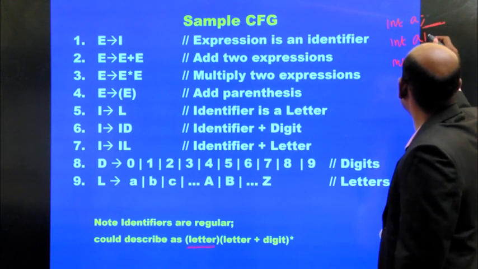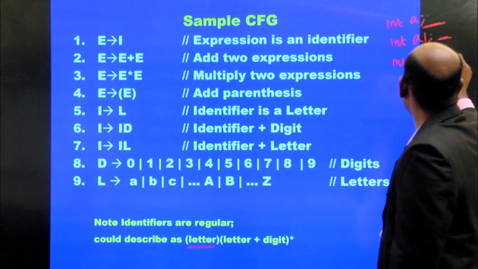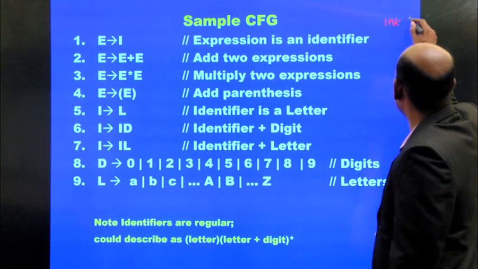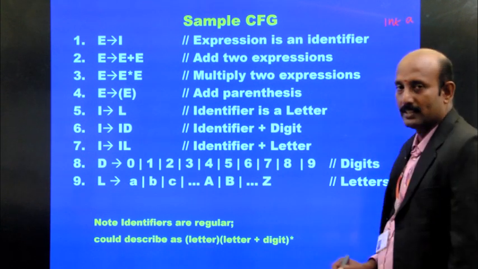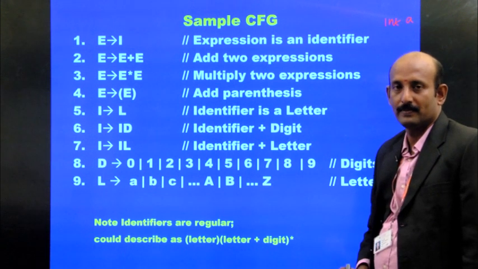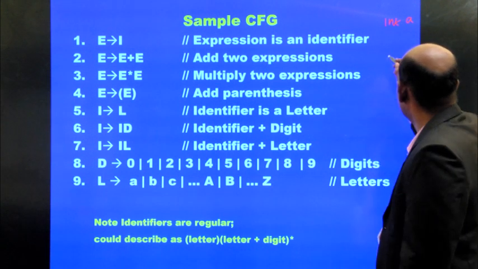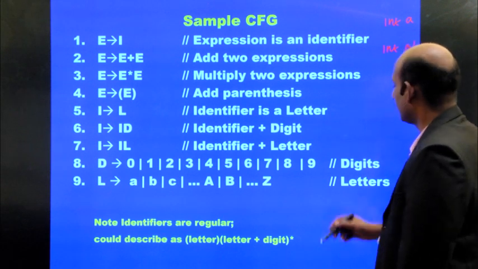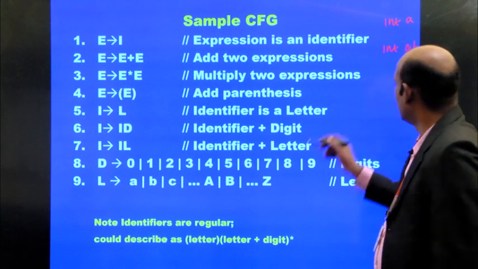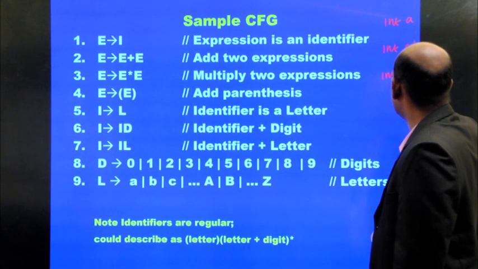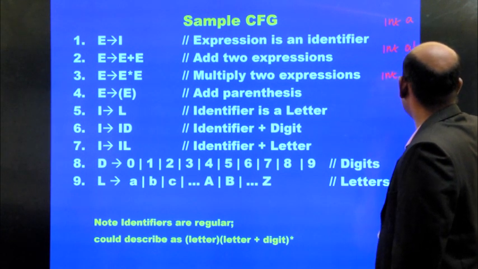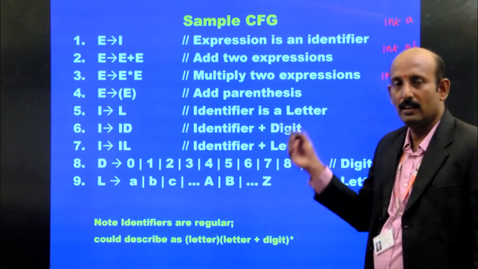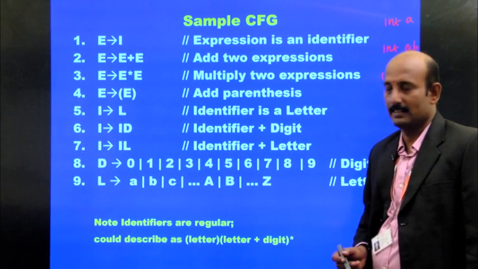Nothing. Here is anything there? Nothing. So integer a, nothing is followed. It's a valid one. Right? Next, integer ab, integer a1, 2, b likewise. These are all valid variables.